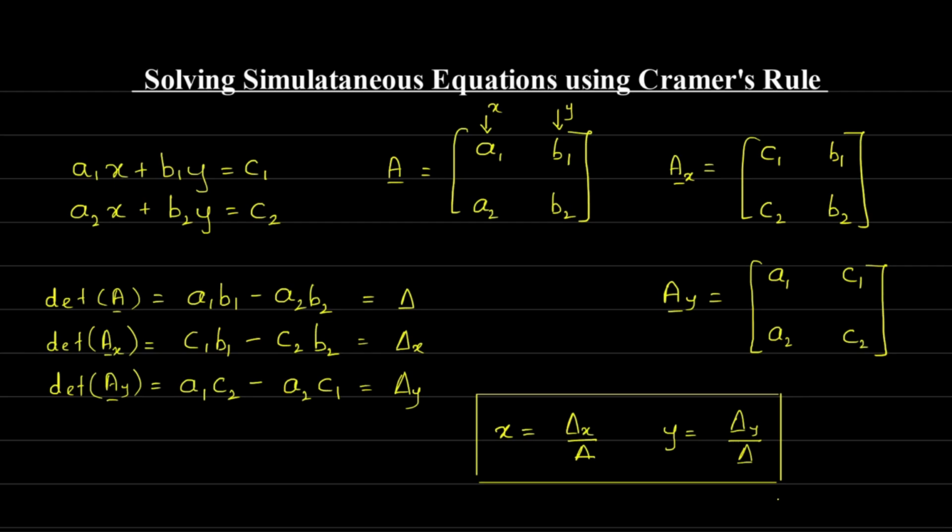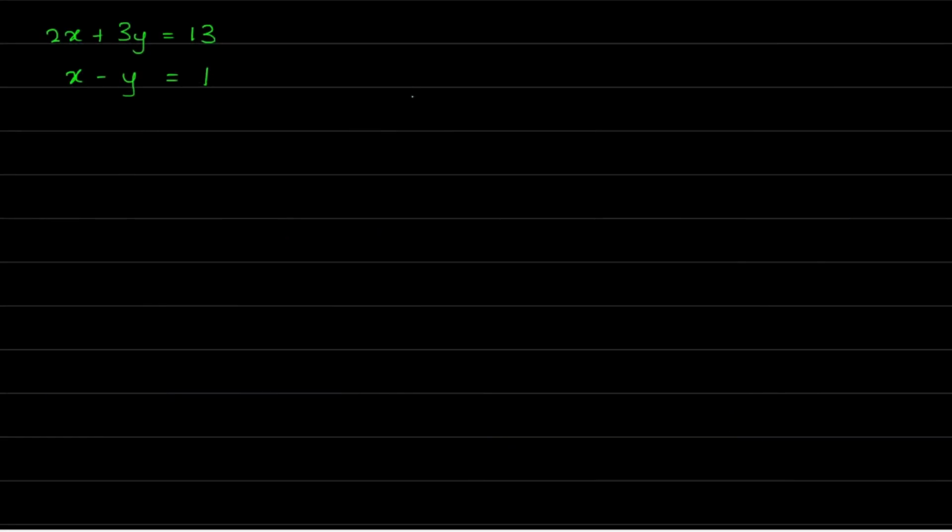Now let us get into an example to thoroughly understand this technique. Now let us consider this example. Like we did previously, we write down that matrix A, which is going to be equal to 2, 3, 1 and minus 1. So that's simply writing down the coefficients of x and y in this exact same pattern.